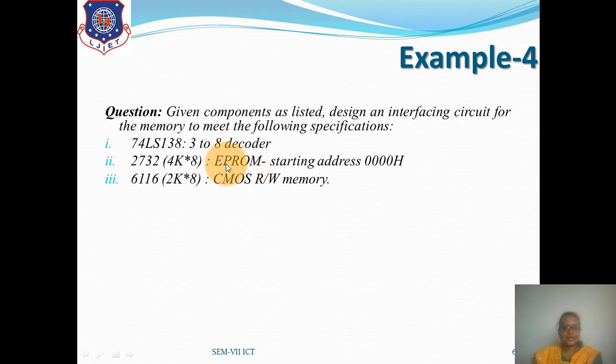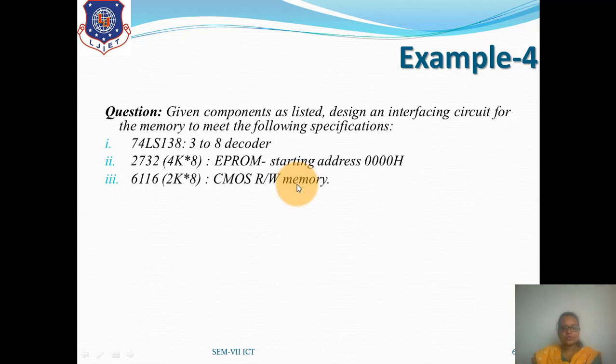Second, a ROM IC having starting address 000H, ROM size 4K x 8 and IC number 2732. And last, read write memory, that is RAM of size 2K x 8 with IC number 6116, right? Here the starting address of read write memory is not given, so you can take it as per your requirement. Clear?